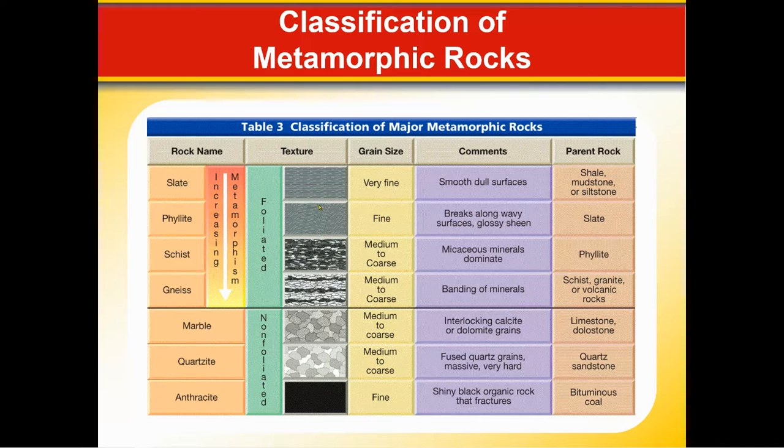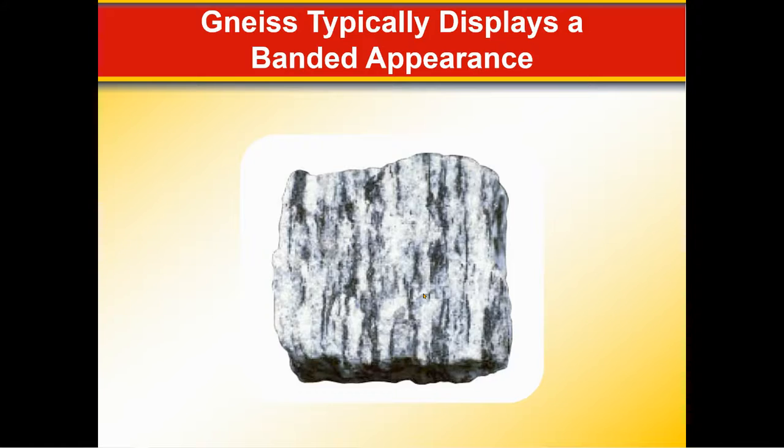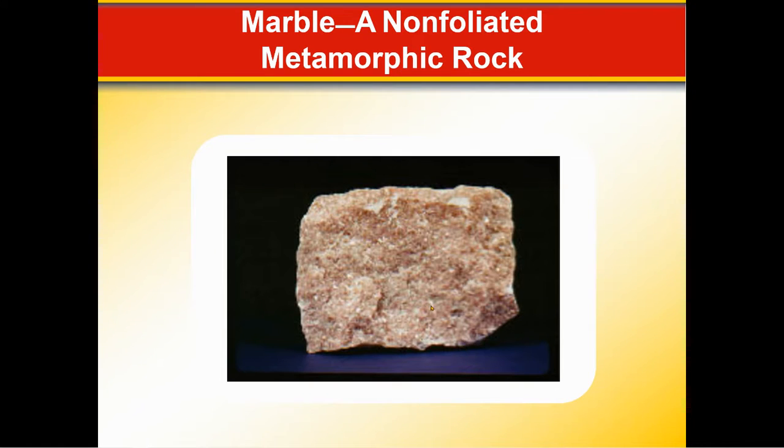You can see the different types of foliated rocks over here. And then the non-foliated: limestone, crystals, quartz, and coal. And again, here's banded and non-banded.